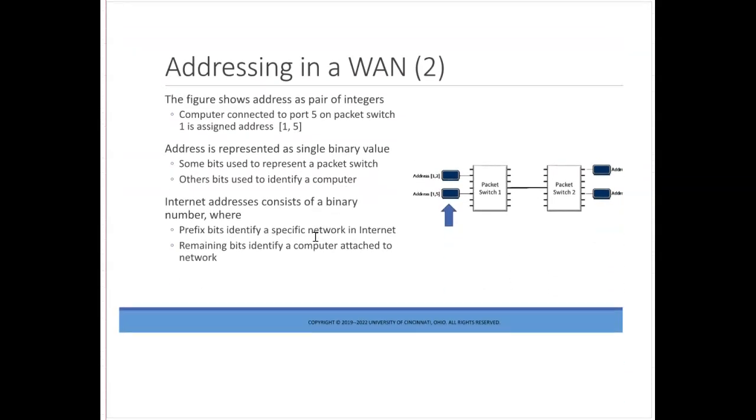The figure shows each address as a pair of decimal integers. The computer connects to port 5 on packet switch 1 and is assigned the address 15.